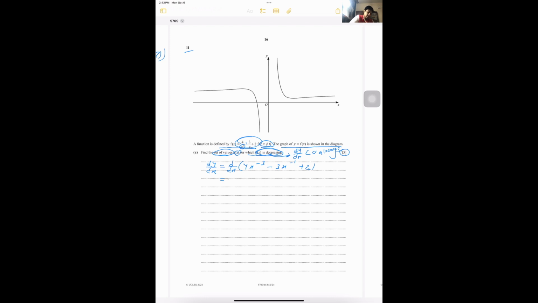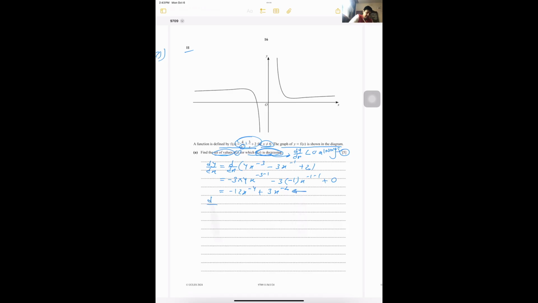So minus 3 into 4x minus 3 minus 1, minus 3 into minus 1, and this would be x minus 1, plus 0, which is minus 12x minus 4 plus 3x minus 2.